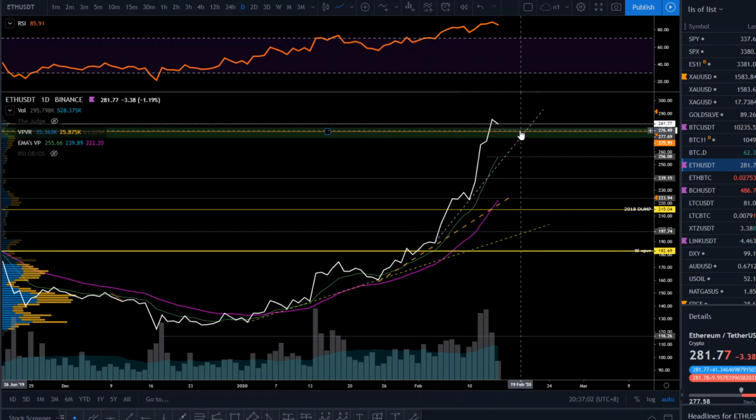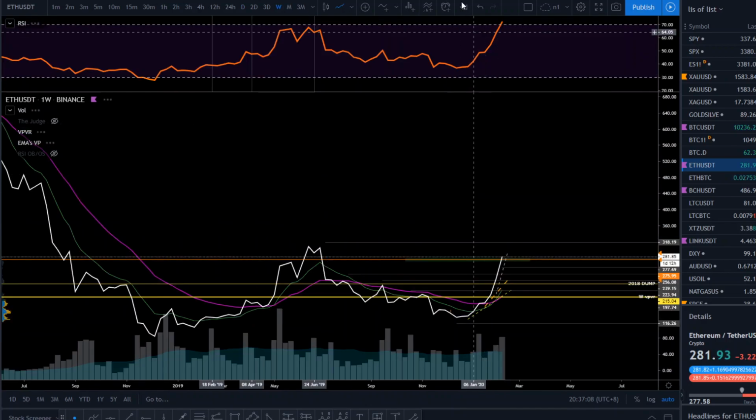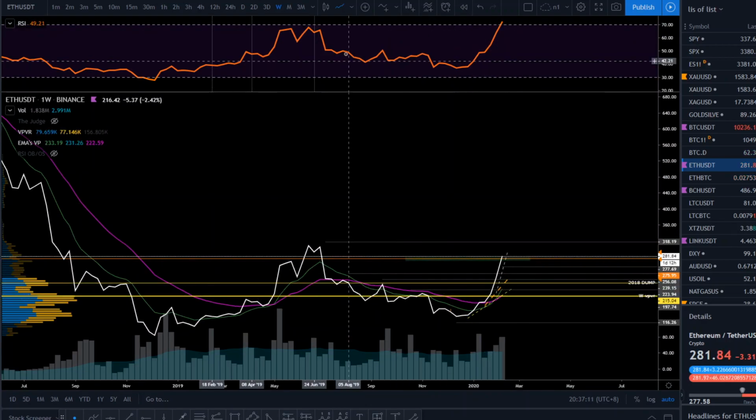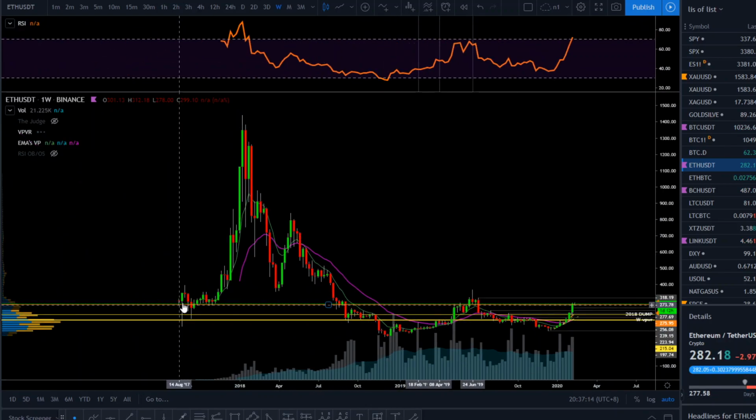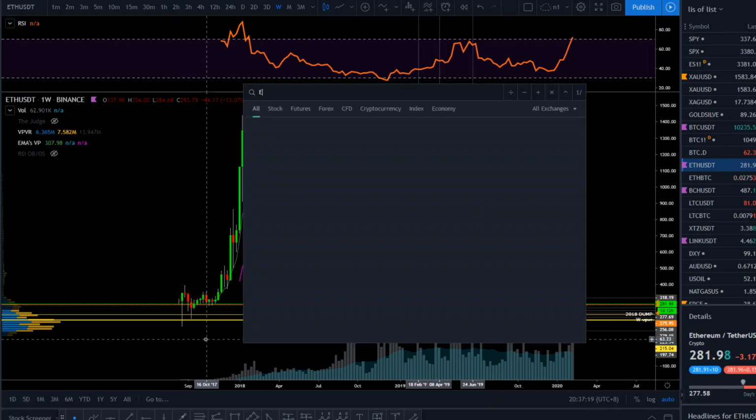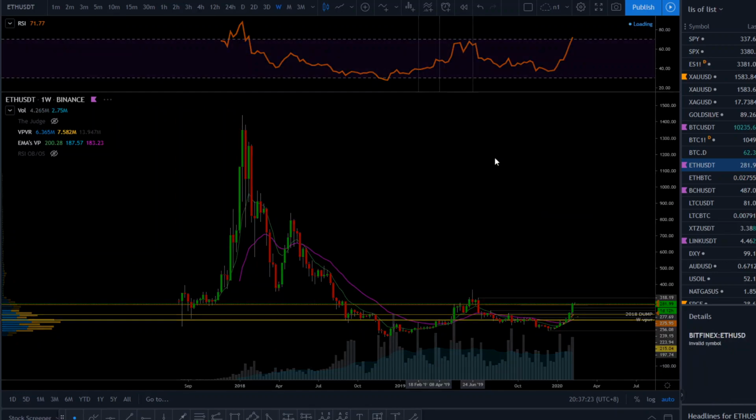First we're going to test this trend line. If you look here, this trend line here also, maybe I'll get it on Bitfinex.